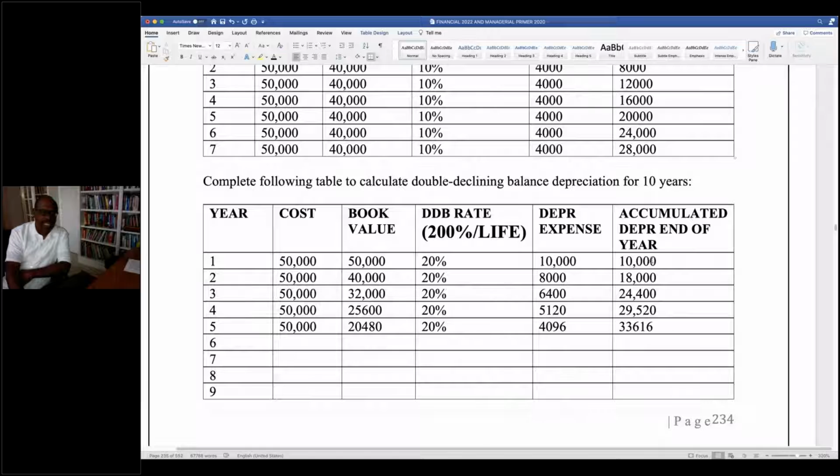So we had 10,000 at the end of the first year. When we get to the second year, we subtract whatever's on that line from the cost. So we're now at 40. We multiply by 0.2. We get 8,000. So this is now 18,000. We continue in that format.